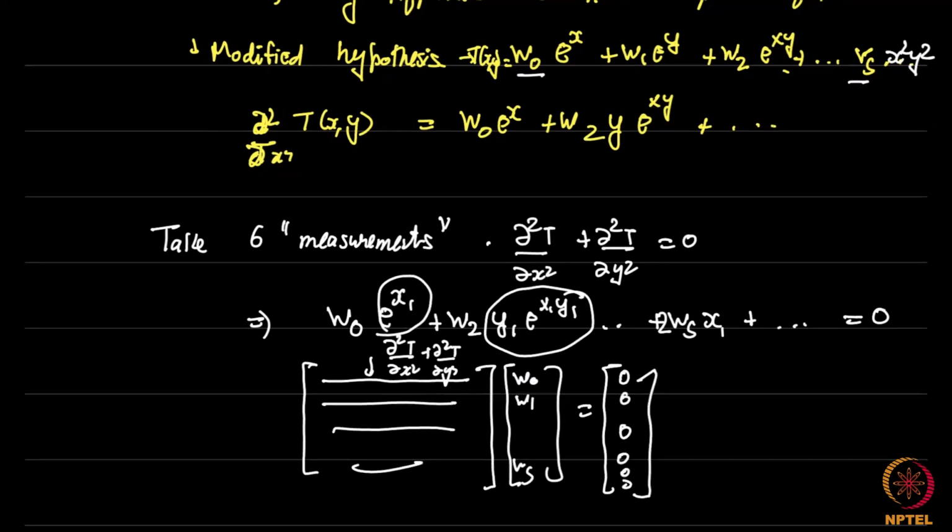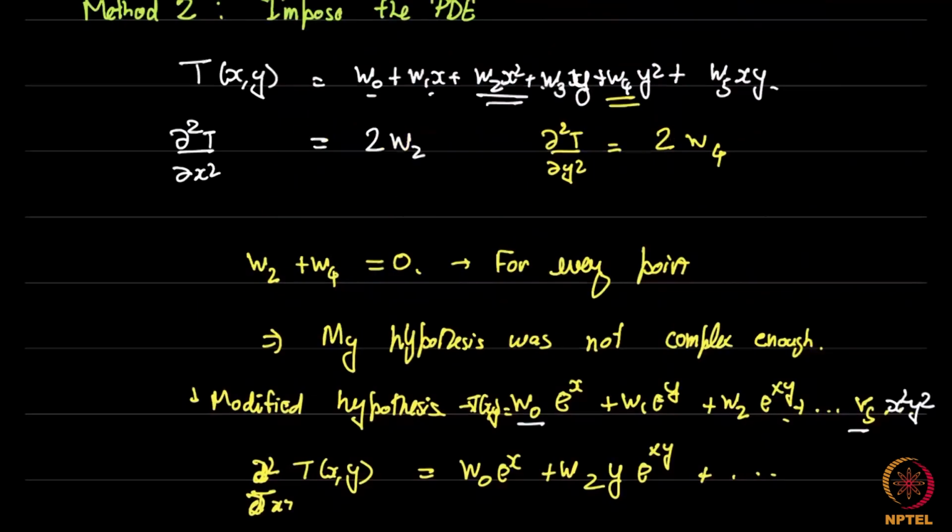Okay. Once again, this can be solved. I'm explicitly avoiding boundary conditions, which I'll talk about later, can be solved using simple linear solutions. This gives us W0 through W5 is the same as before.